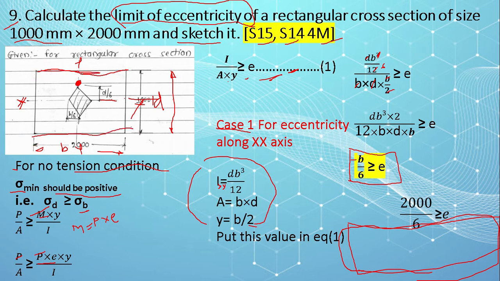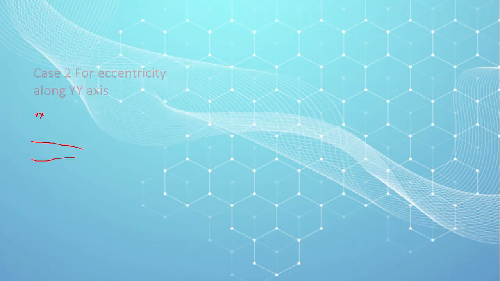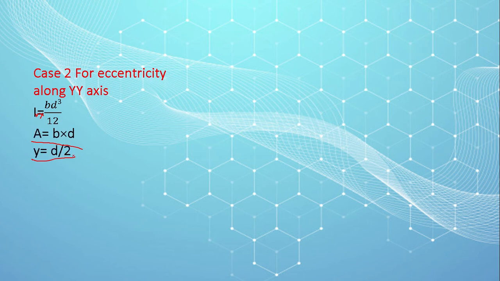So this is the distance of the extreme fiber from this axis, means this is y. So here in this case y is equal to D by 2.